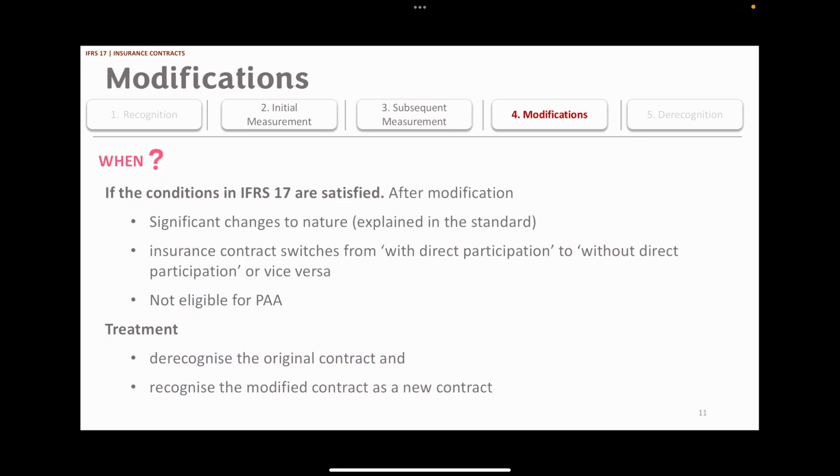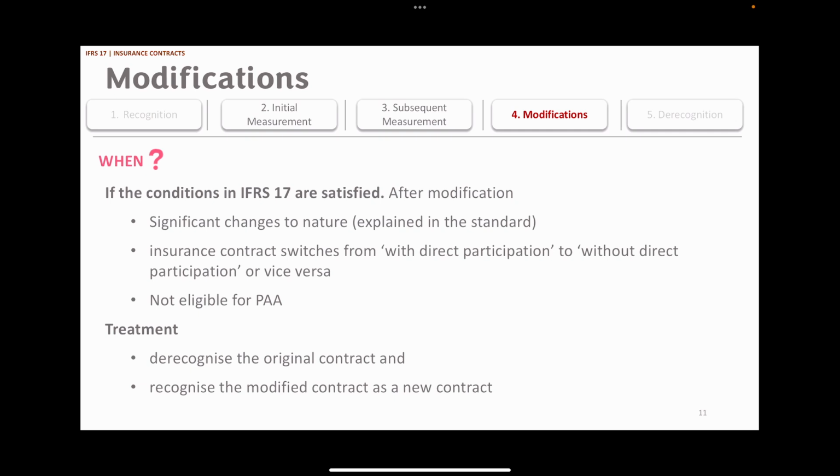Now the question is, what happens when there are modifications to an insurance contract? When does some change to the contract qualify as a modification to the insurance contract? IFRS 17 states a few conditions when changes to the contract are to be treated as modifications to the insurance contract.